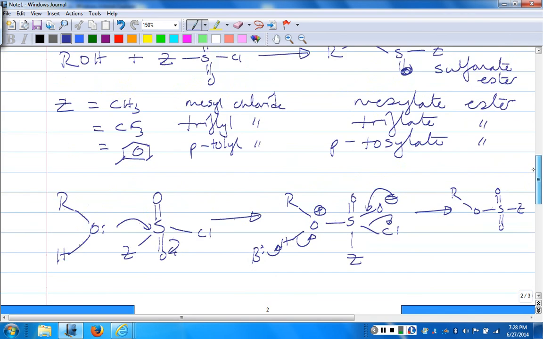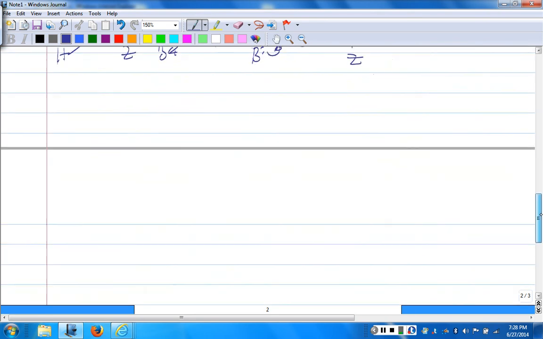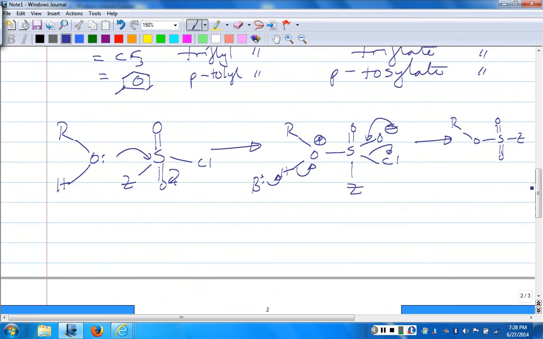So really then, all the properties of alcohols that we had expected, except for the electrophilic character, which is not the fault of the R group but the fault of the leaving group, we've actually seen manifested in the chemistry of the alcohol. There is a point that needs to be made, which is that sulfonate esters are excellent substrates for SN reactions.